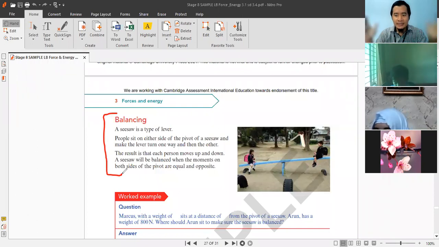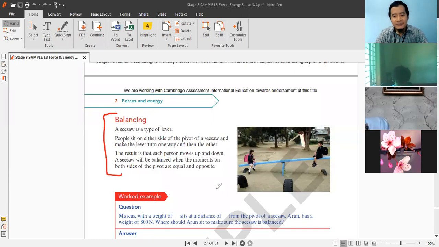I mean the magnitude of the moment, but the direction is opposite. Jadi balancing itu terjadi kalau momen gaya dari dua buah momen itu sama. Biasanya di lever atau pengungkit, force multiplied by distance at the right side is the same as force multiplied by distance at the left side.